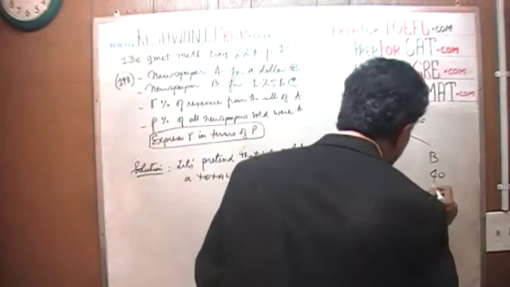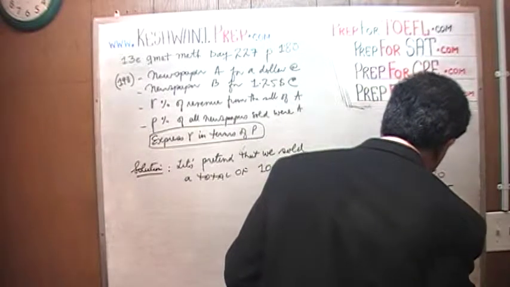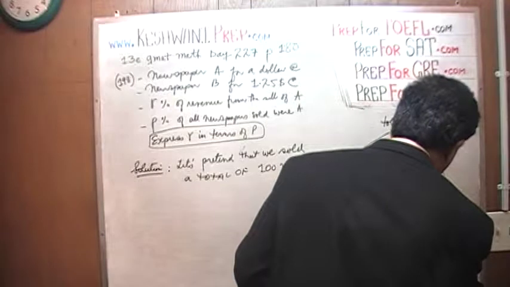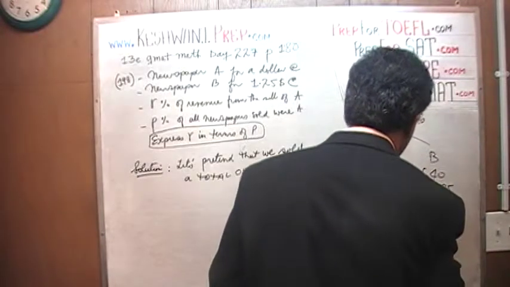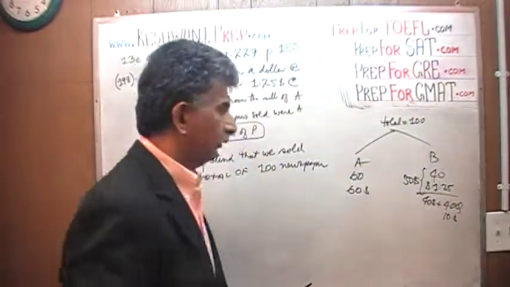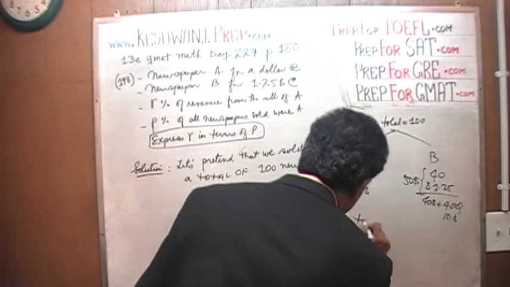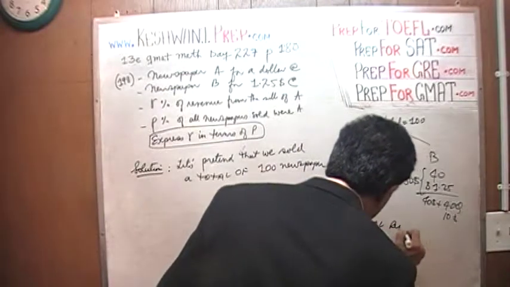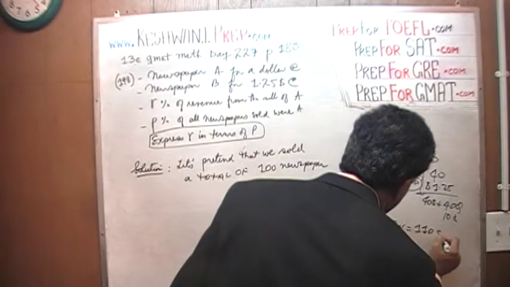So altogether this part is $50. So what is our total revenue? Our total revenue is 60 plus 50, $110.